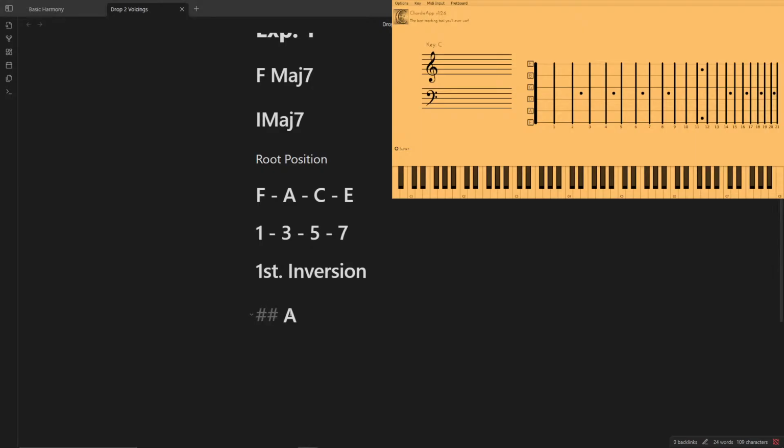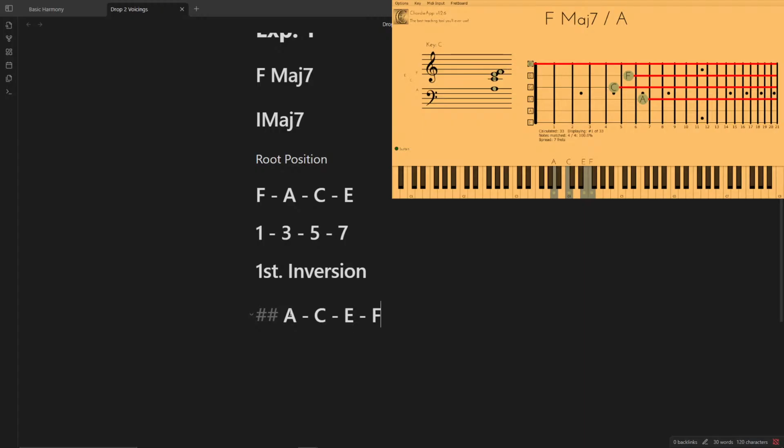Okay, our next inversion, as I was saying, is now our major third in the bottom, A. Then we have C, and we have E, and then our true root is now the top note of our chord. Let's write that down before I forget it or make it wrong again.